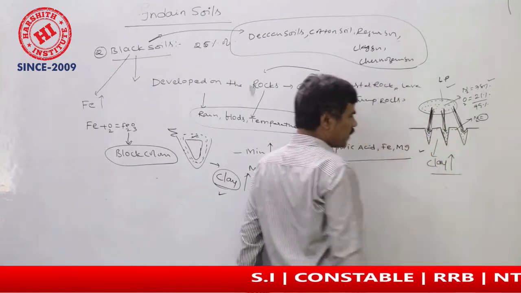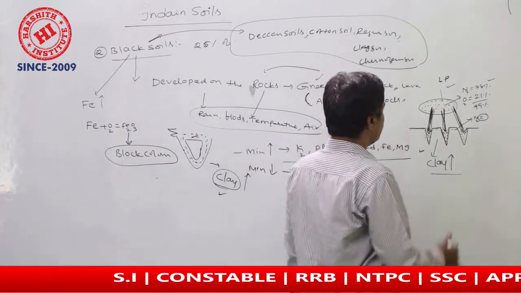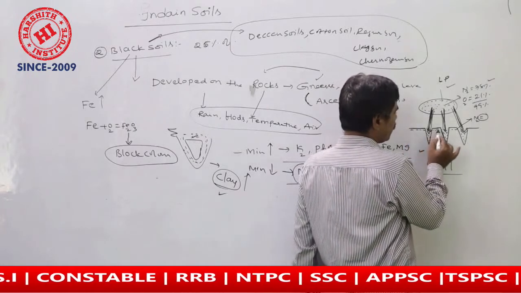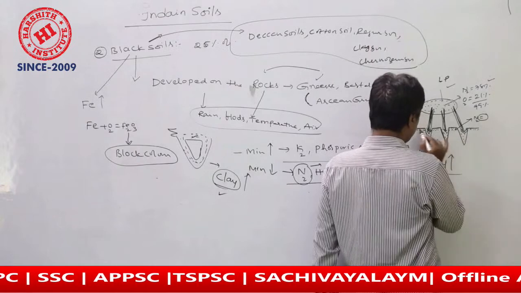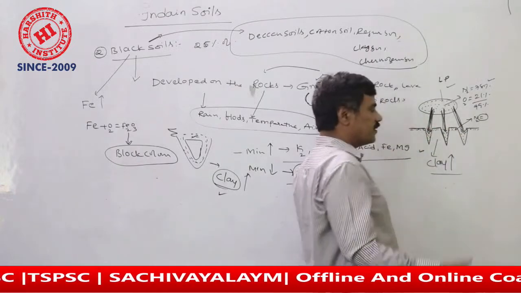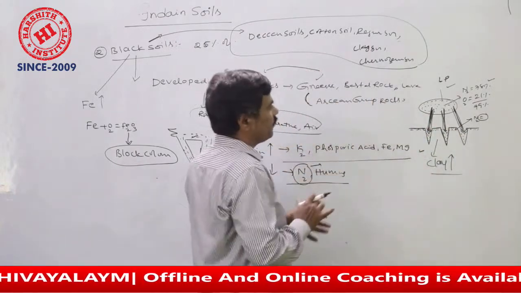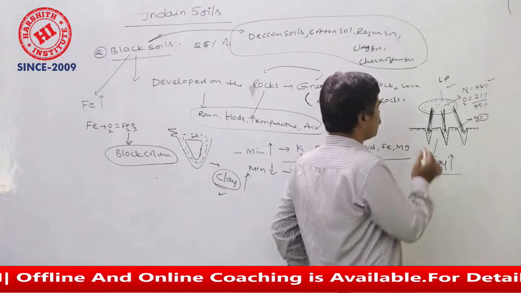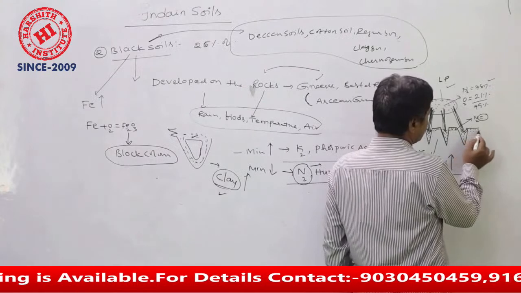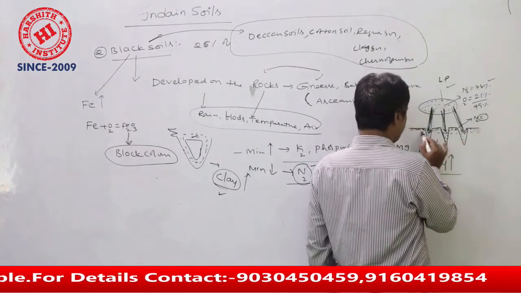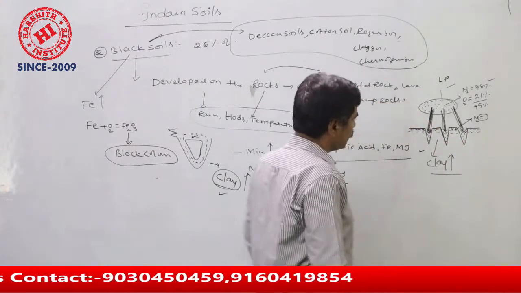When the nitrogen enters, the soil undergoes a denudation process and gets high fertility. Without flooding, these soils are converted into soils suitable for cultivation.